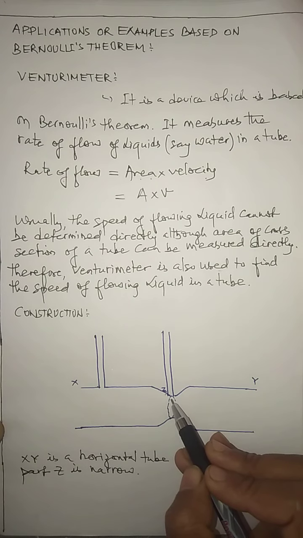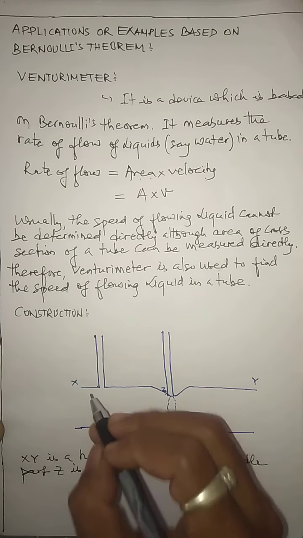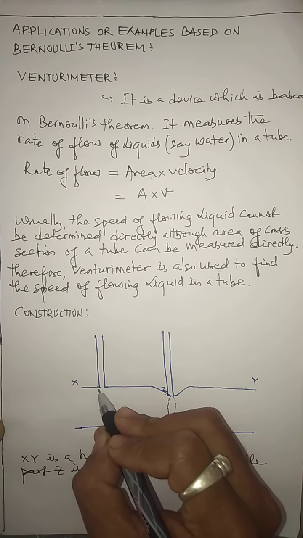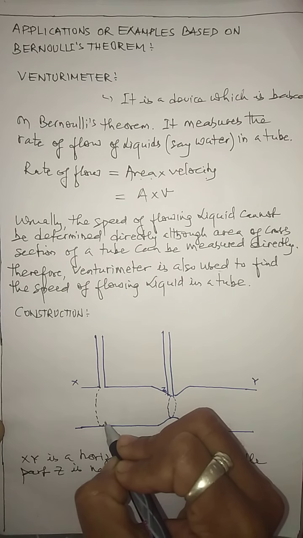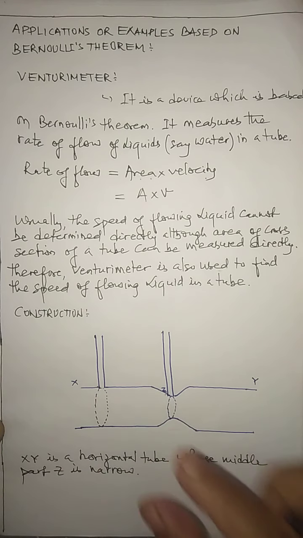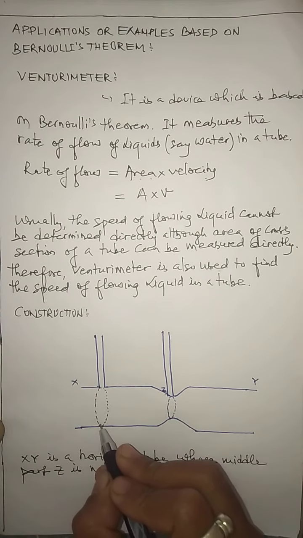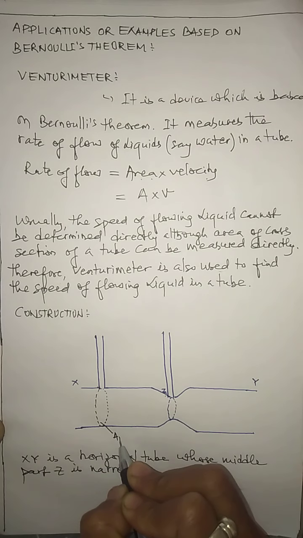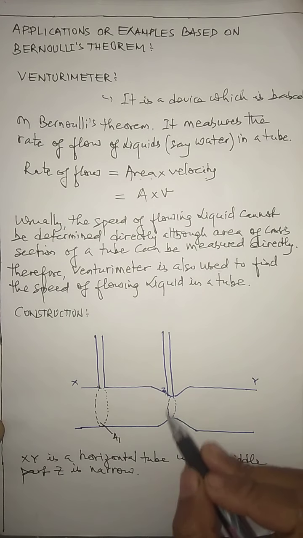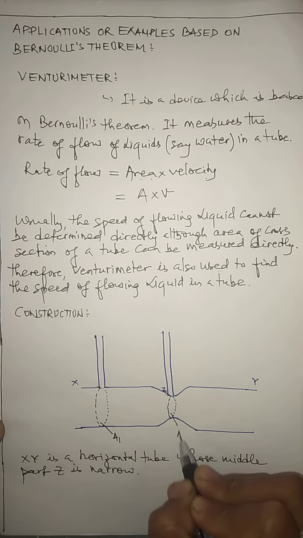One cross section is at Z, another cross section is at this end. The tube is basically cylindrical in shape, and this end has a cross section area marked by the letter A1. And this is also a cylindrical tube with cross section area A2.